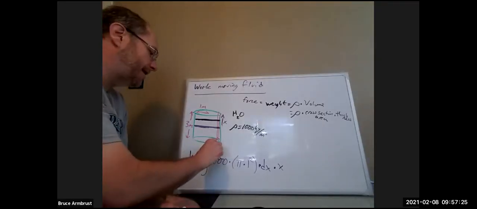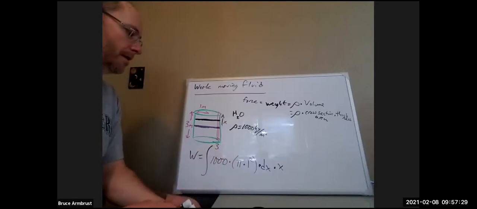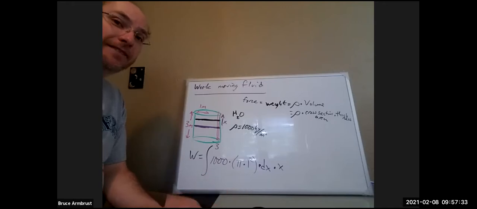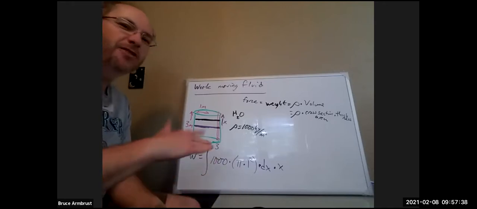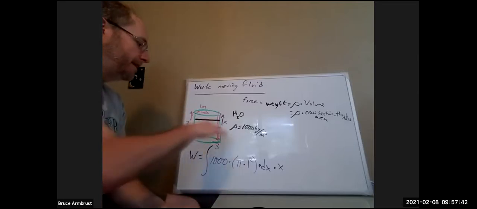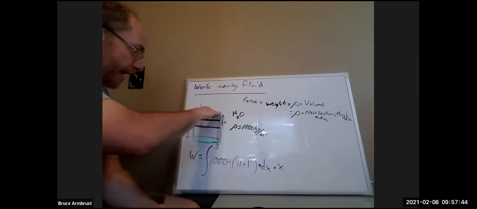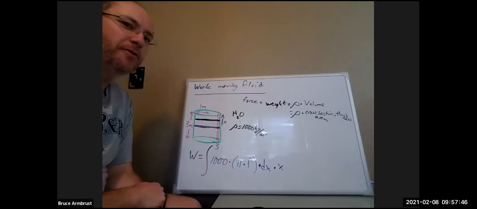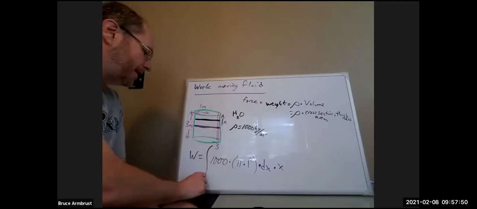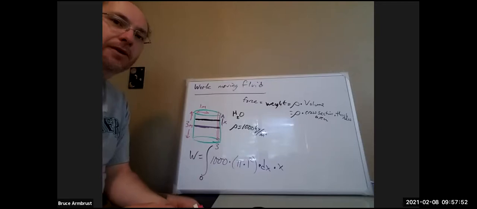So that's going to be the upper bound on this one. The lower bound is the least amount of distance that this fluid is going to have to travel. Let's assume the tank is completely full. If it's completely full, then the very top layer doesn't have to move at all. It's actually right there. So our bounds there would be 0 to 3.